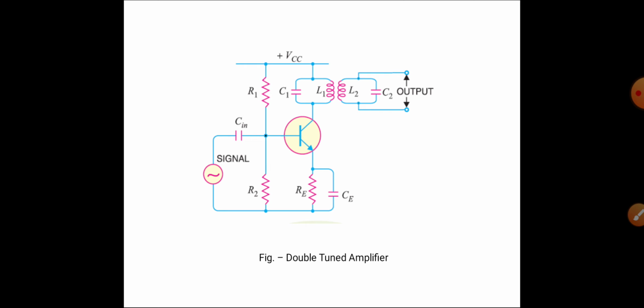Mutual inductance you will know in the subject of ECN. So these two tuned circuits are connected to each other, and this will offer a mutual inductance, and the output of the first tuned circuit is transferred to the second tuned circuit via mutual inductance.